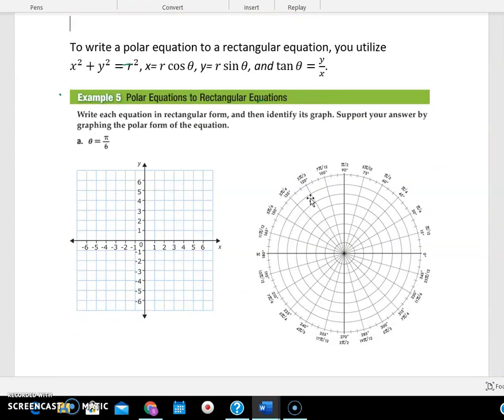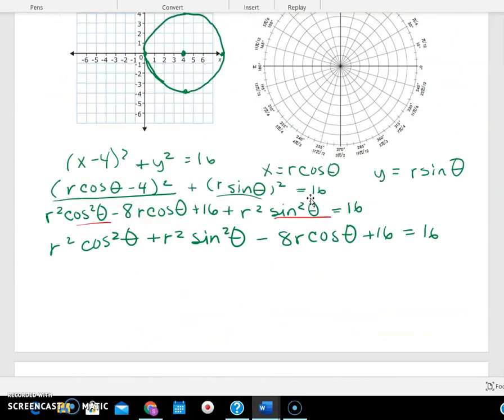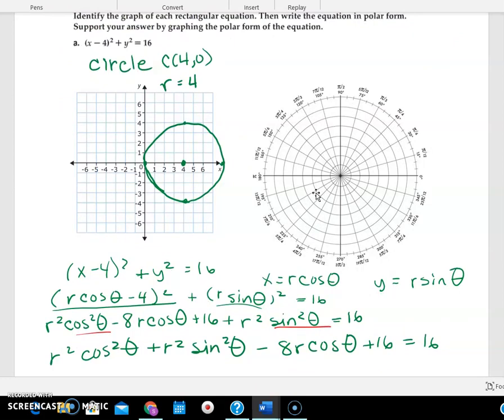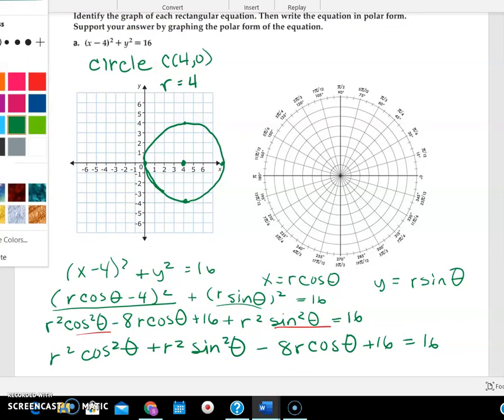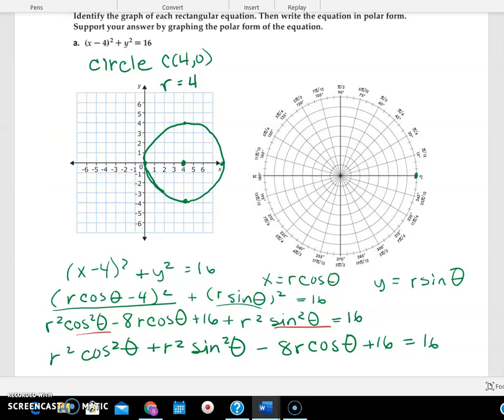Go back up here to our graph. So at 0 degrees, I have a max of 8. If I go over to pi over 2, I'm back at 0. At pi, it's negative 1 times 8, which is negative 8, which would put me back at 0. So I kind of need some in-between points here.